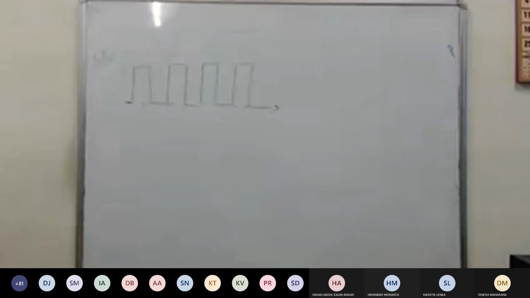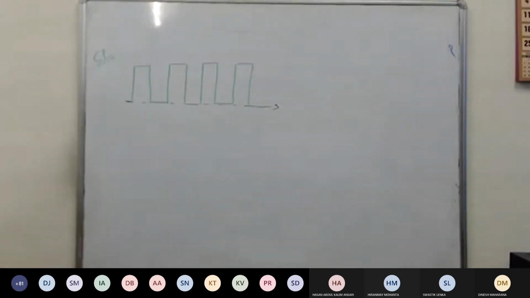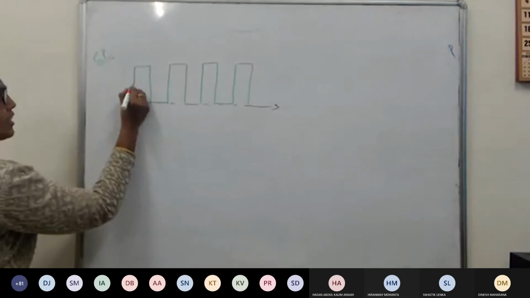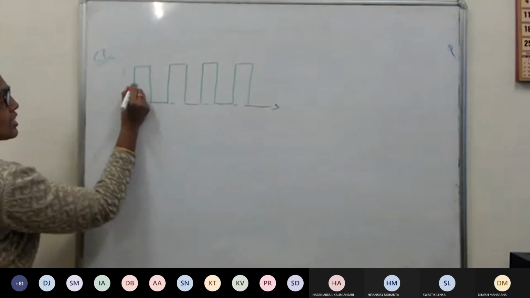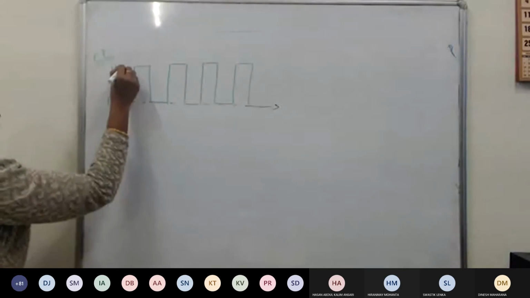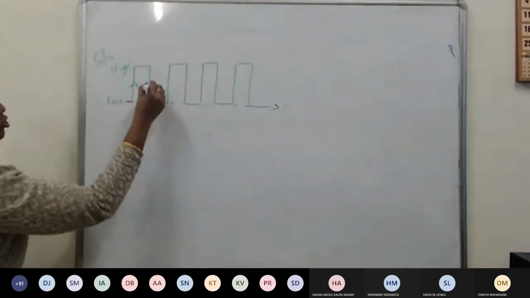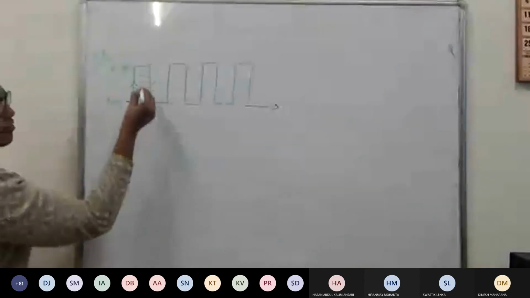Now if I look here, this particular pulse has three things to be observed. One is I can clearly see an arrow mark from low level to high level. I can have a drop down from high level to low level.